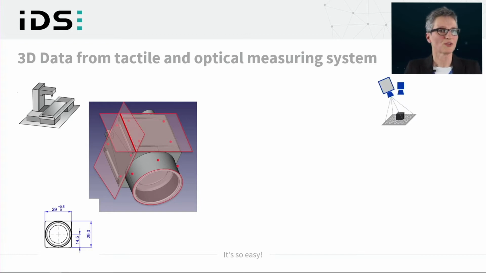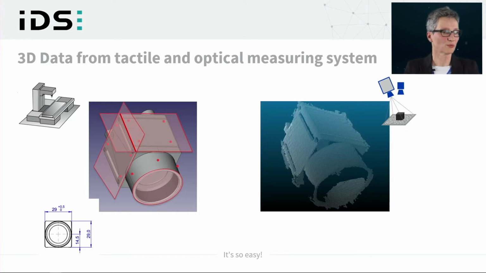When using an optical system, you get all the points in one shot, and compared to the left side where you have 11 points, depending on the sensor you use, maybe you have a 1 megapixel camera, and in the best case you have 1 million points in your point cloud.